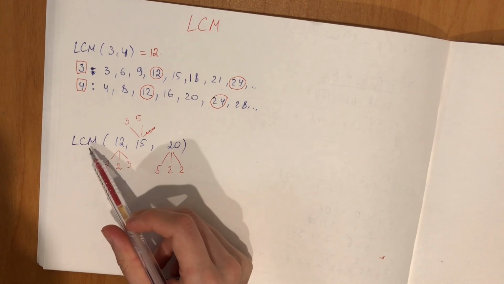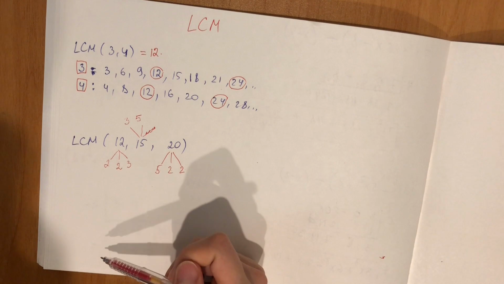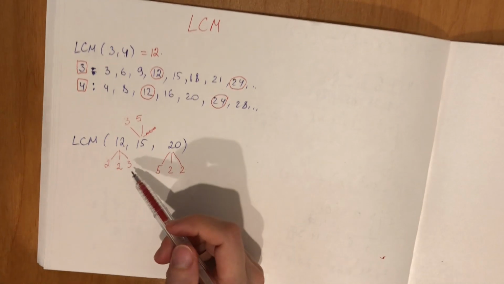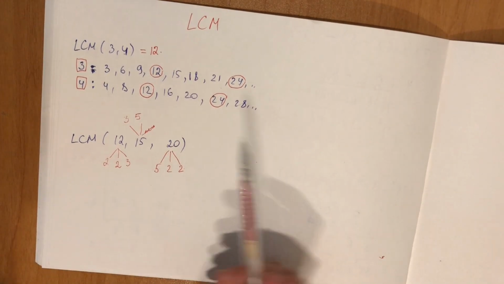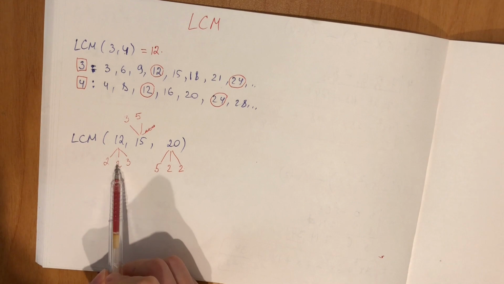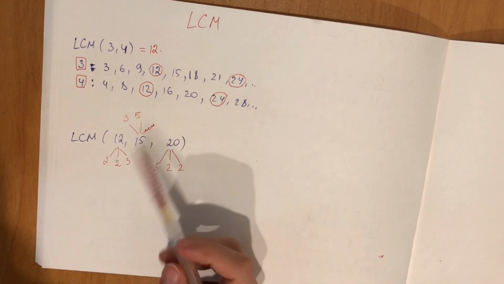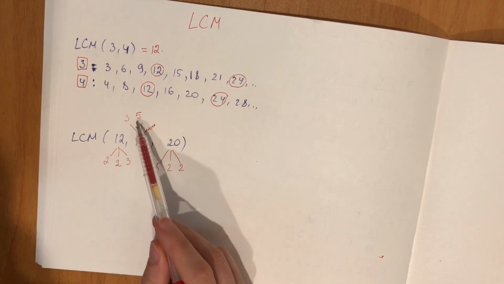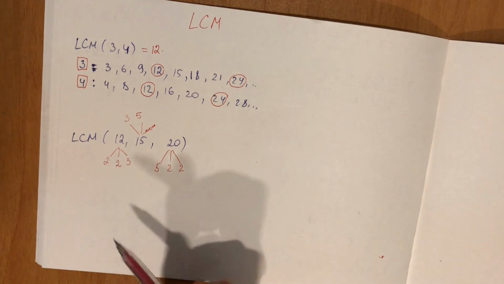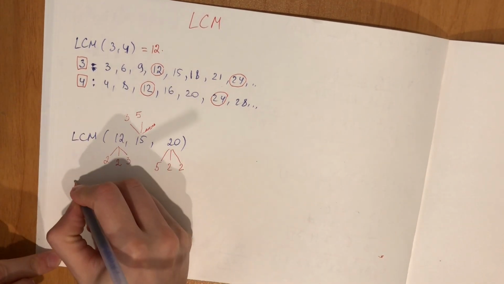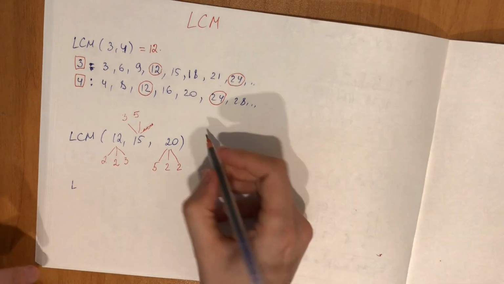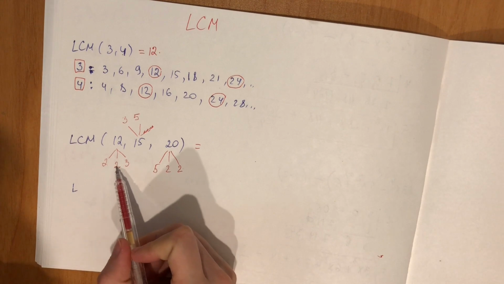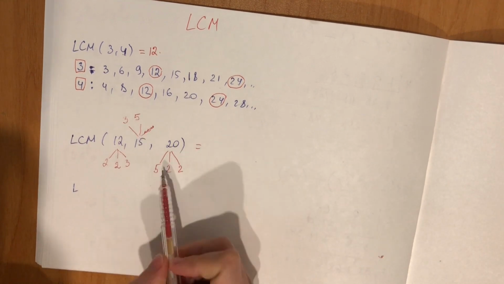If we want to find the least common multiple, we should write the numbers. How many 2's are used here? Two 2's. How many 5's? One 5. And how many 3's? One 3. What is the LCM? The most 2's are two 2's here, no 2's, and two 2's here.